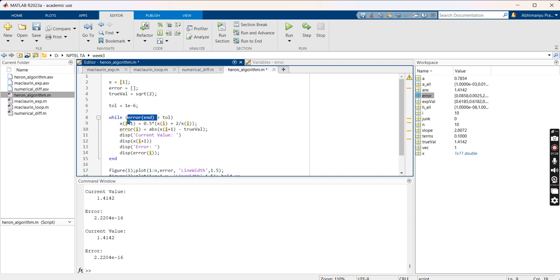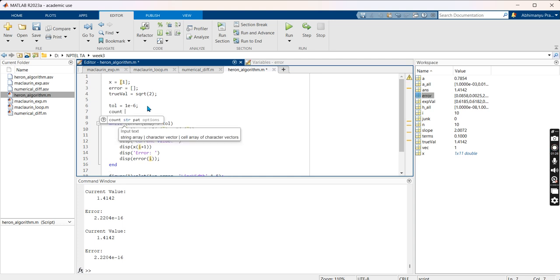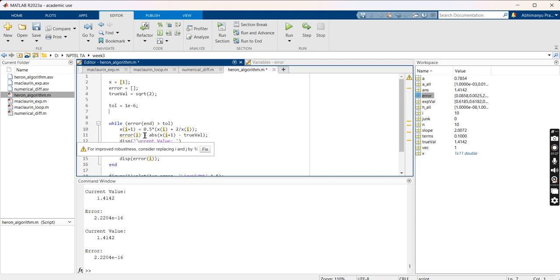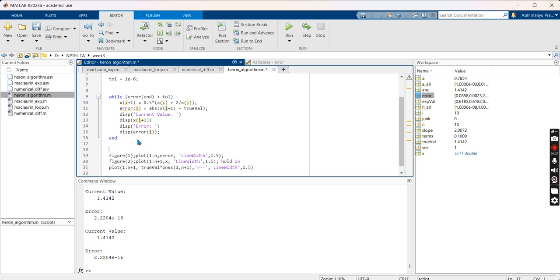Using this line of code, I get the latest error value, or the last element of the error vector. If this is greater than my tolerance, then the loop should continue to run. I can also use a count variable to get how many times my loop ran. Or, since I'm storing all the values of x and the error, I can just get the length of this error vector to know how many times my loop ran.